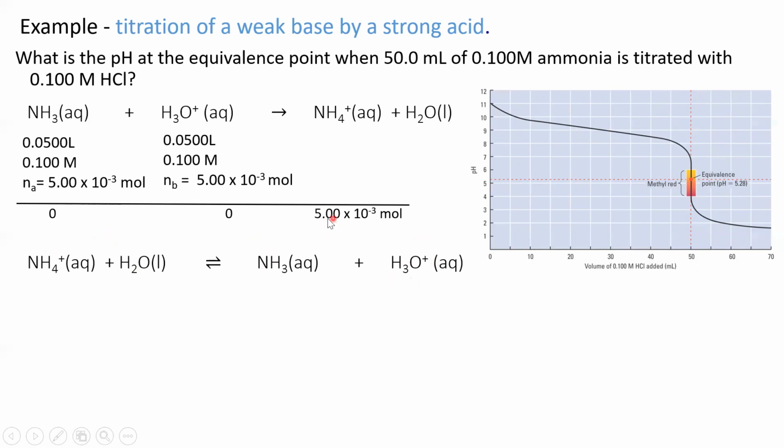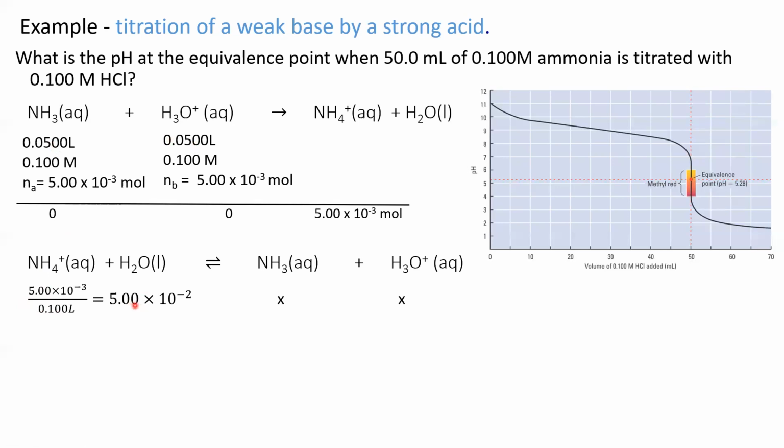Now, this is moles of ammonium. We need molarity. So we're going to take the moles of the ammonium ion and divide it by the total volume, which was 50 milliliters plus 50 milliliters. So here's the molarity of the ammonium ion.